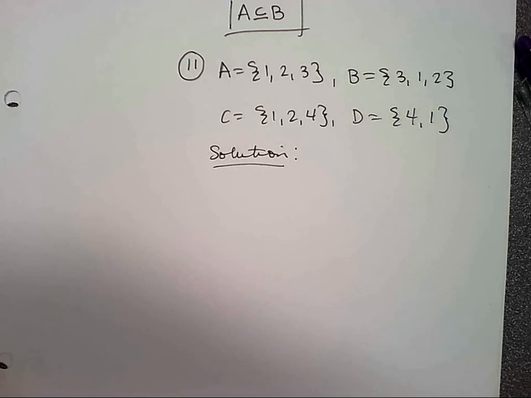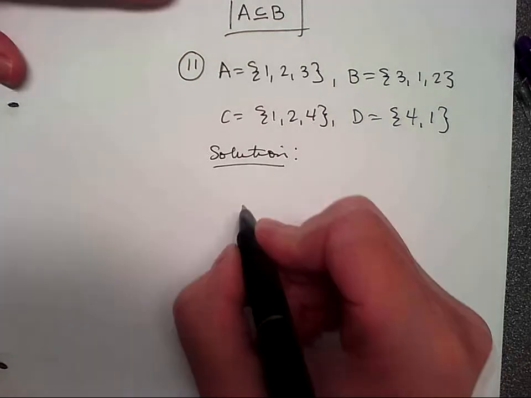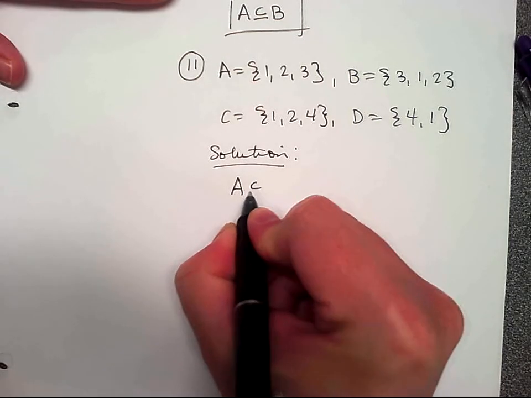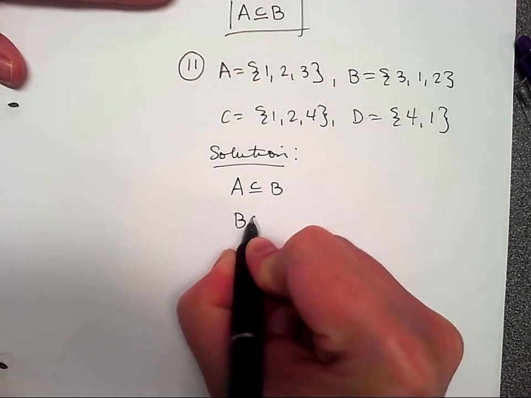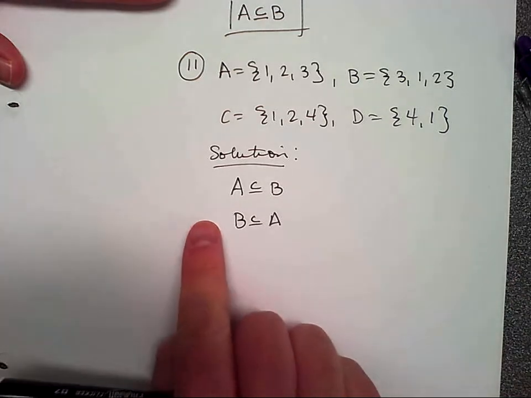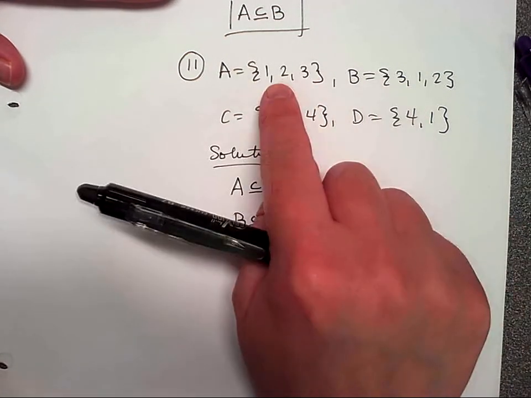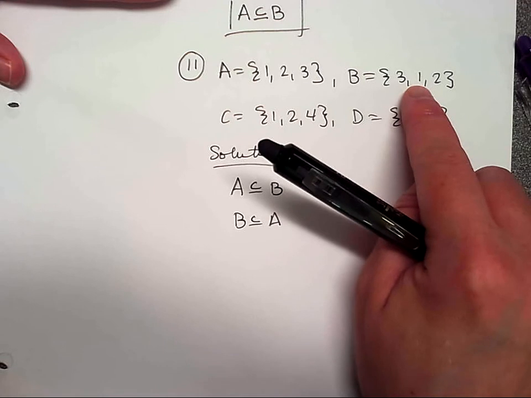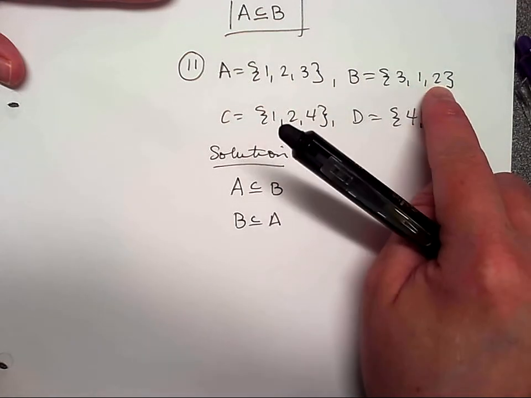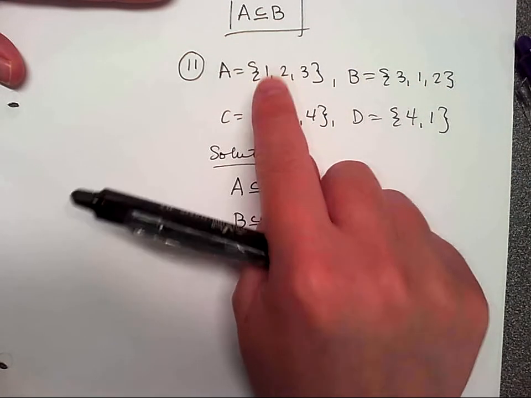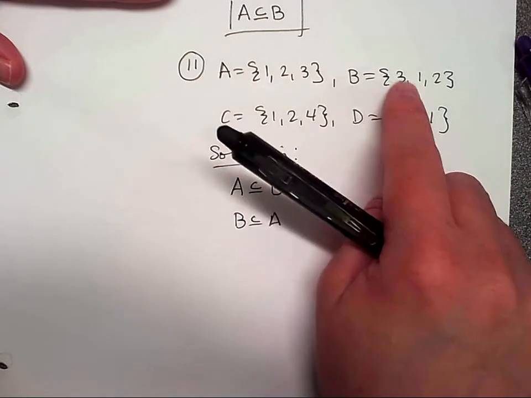Okay, so A is a subset of B, and you're saying B is also a subset of A. So all of the elements of A are also in B. 3 is an element of B that's also in A. Yep. 1 is an element of B that's also in A. Yep. 2 is an element of B that's also in A. Yep. So A is a subset of B, B is a subset of A.